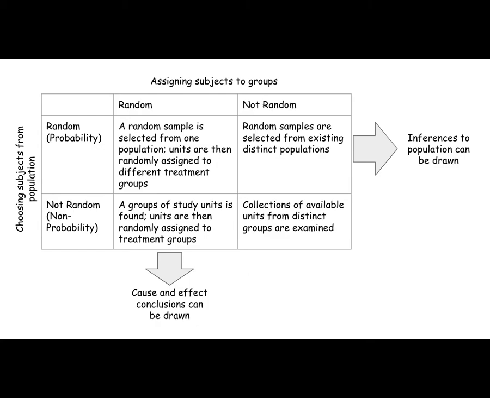So random group assignment is the random part of a randomized controlled trial that lets you draw conclusions about cause and effect. Using a random sample means that your inferences about cause and effect can be applied to the larger population.